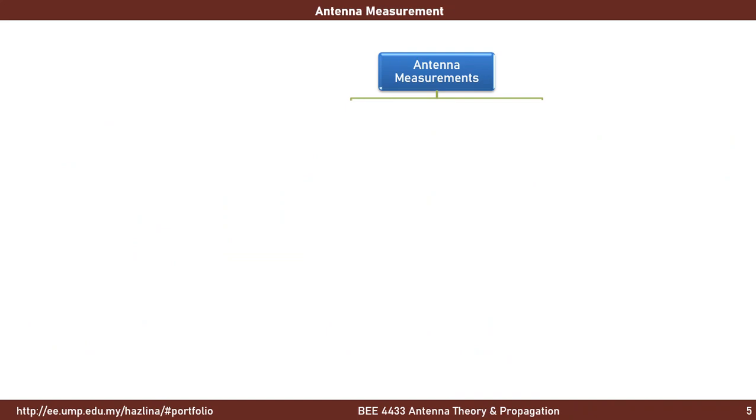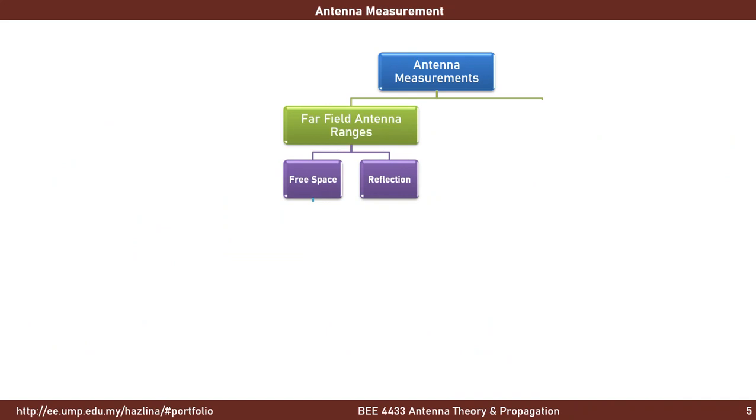The far-field measurement can be performed in indoor and outdoor range. In general, there are two types of far-field antenna range, which are the reflection and the free space range. In the reflection range, a constructive interference between direct rays from the transmitting antenna and the specular reflection from the ground is created in the region of the antenna under test.